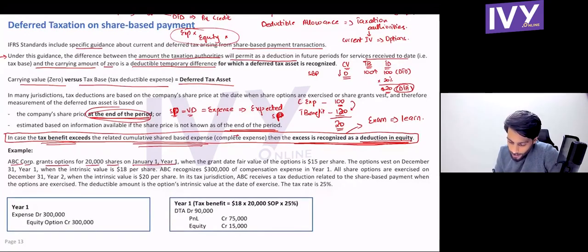So 1st January year 1 is basically your grant date, my friends. And we have given 20,000 shares as an option, when the grant date fair value of the option is $15 per share.